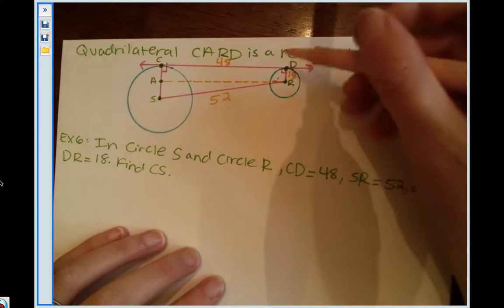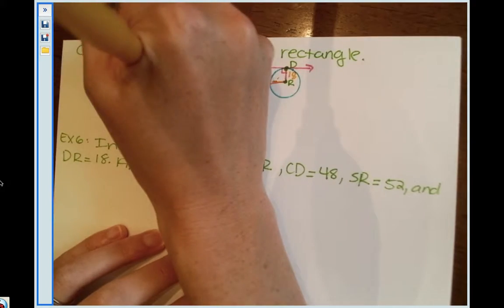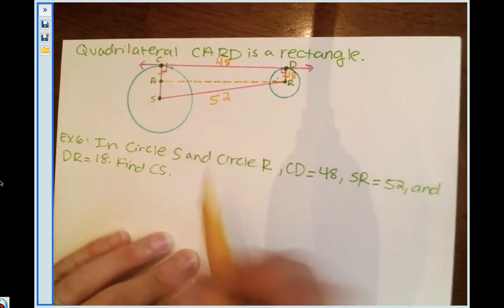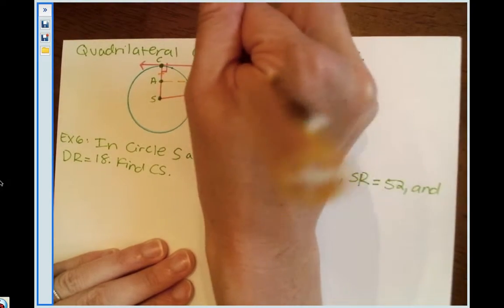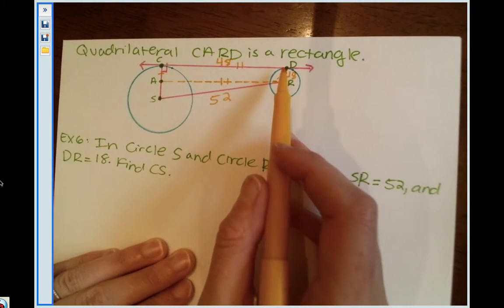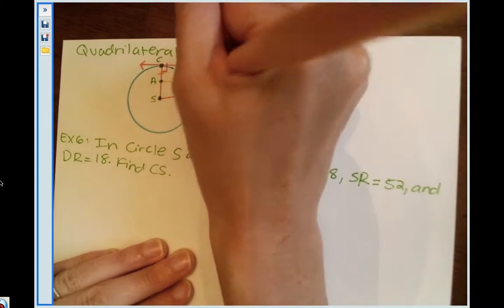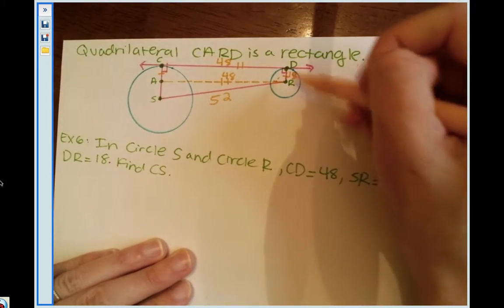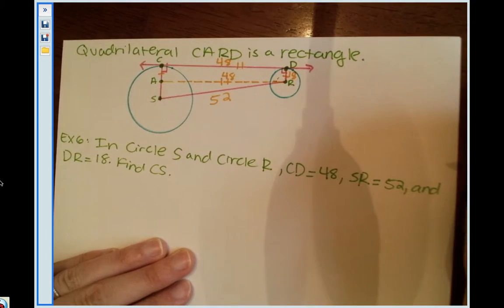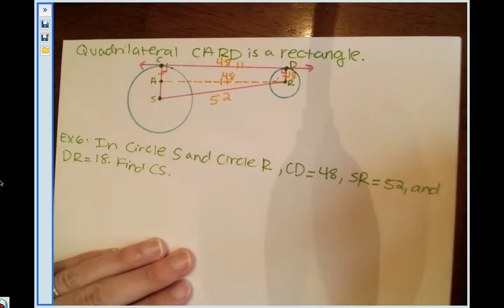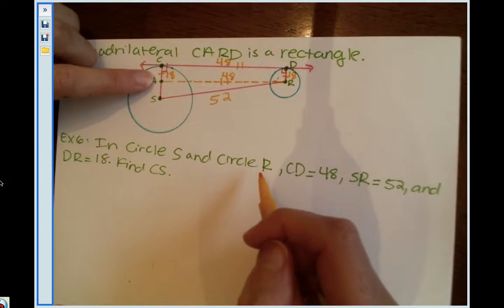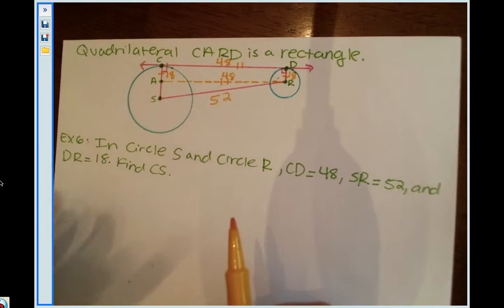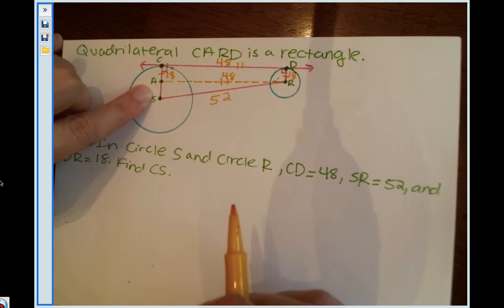So that means that DR is congruent to CA, and CD is congruent to AR. So that means that CD is 48, which means AR is 48. And since DR is 18, that means that CA is also 18. Which is part of the radius, so that's going to help me. I need to know what this part of the radius is.